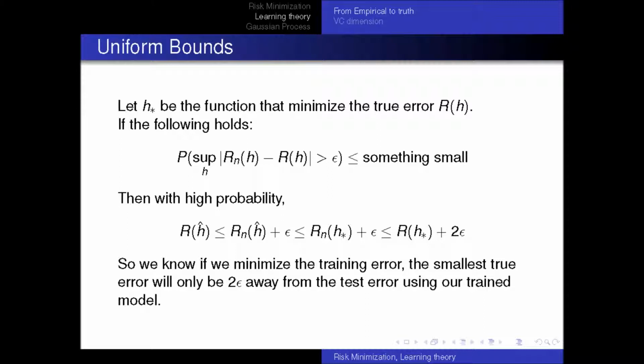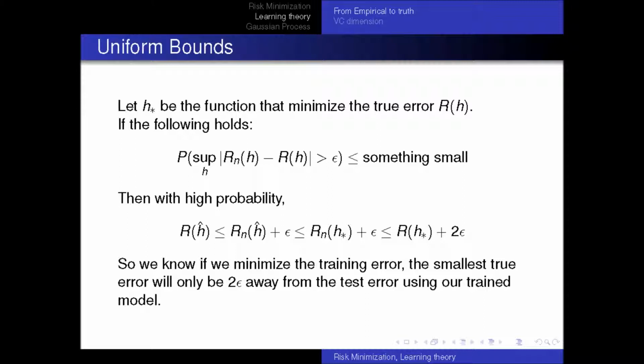And also because the above inequality holds, we know that this Rn(h star) is going to be smaller than R(h star) plus epsilon, also plus this epsilon. So it's plus 2 epsilon. So what did we get from this? We know that if we use this estimator on the test data, the error we're going to get is going to be smaller than this one plus 2 epsilon.